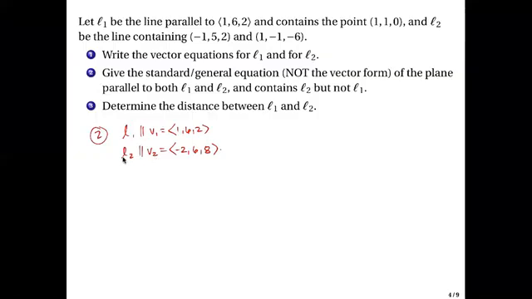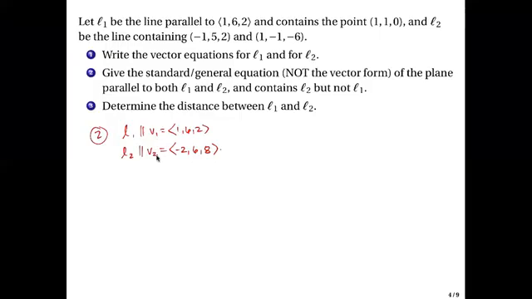I think my first statement there is a bit confusing. So we are given these two vectors here. One vector is parallel to L1, another vector is parallel to L2. And if we want to have a vector that is perpendicular to both V1 and V2, what we can do is to get the cross product of V1 and V2.